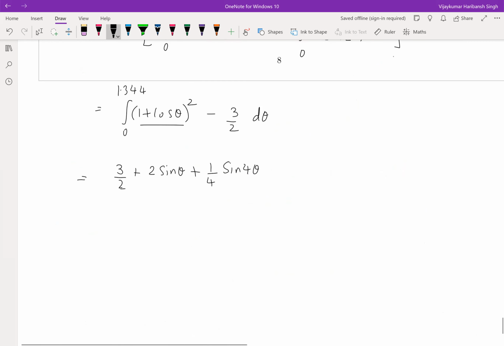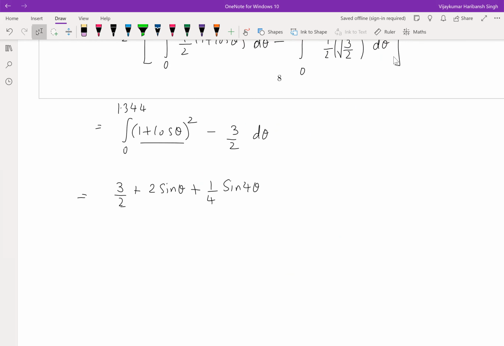And the integral of this part is 3 by 2 theta, from 0 to 1.344. When we substitute the upper limit minus the lower limit, note that this 3 by 2 and this 3 by 2 will cancel out.